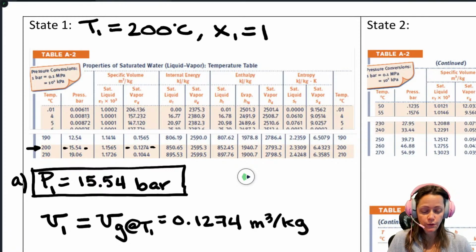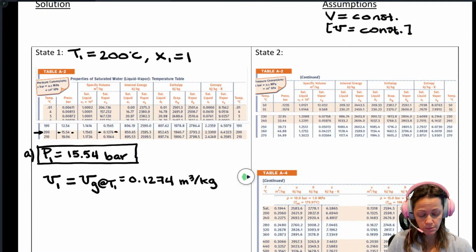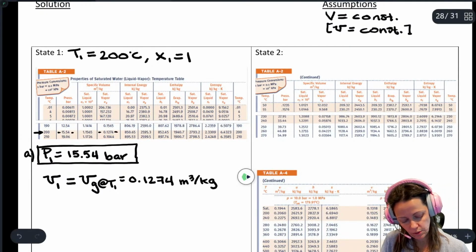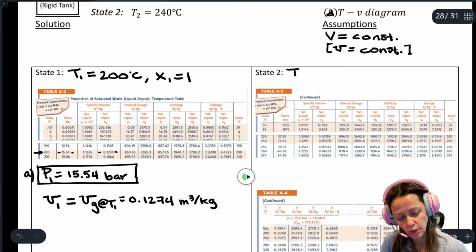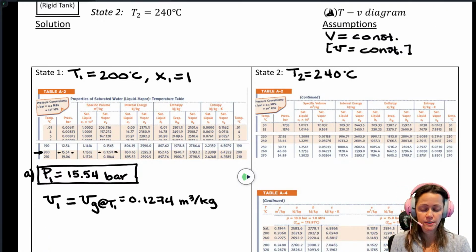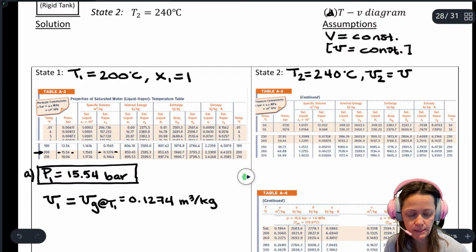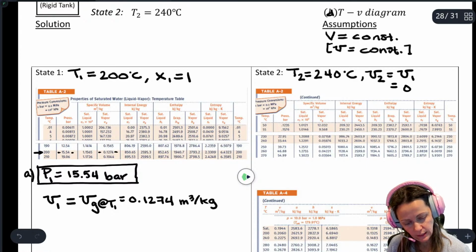And now that you've got that, because it's a rigid tank, that specific volume is constant. So now you've got your other property. Once again, in order to fix your state, you need 2 of those 4 intensive properties: temperature, pressure, specific volume, or quality. And here we're assuming that the specific volume is the same as at state 1, 0.1274.